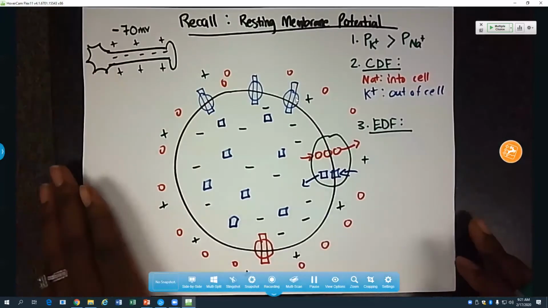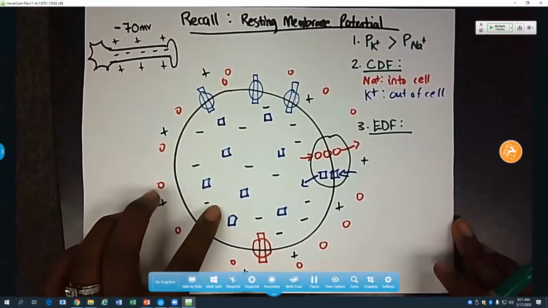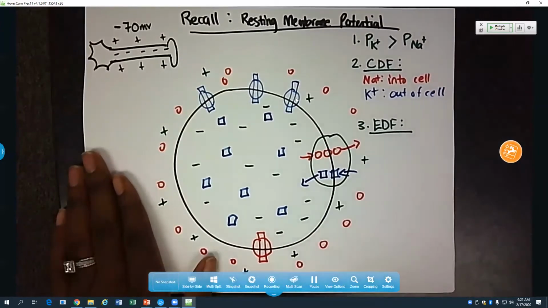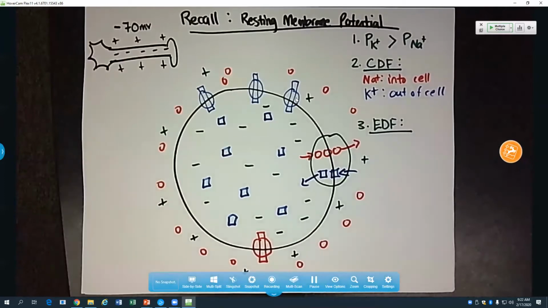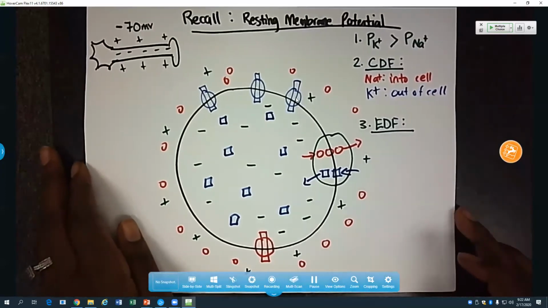Okay. And so now we can look more closely at our electrical driving forces according to the separation of charge. So according to that separation of charge, these are 2 positively charged ions. So what direction will they move according to their EDF? Will they move into or out of the cell?